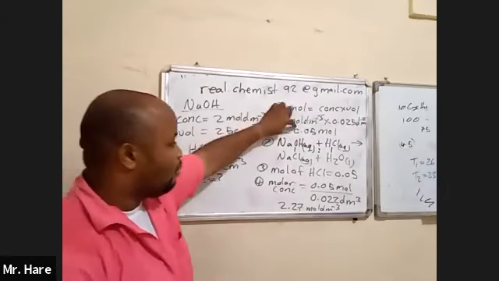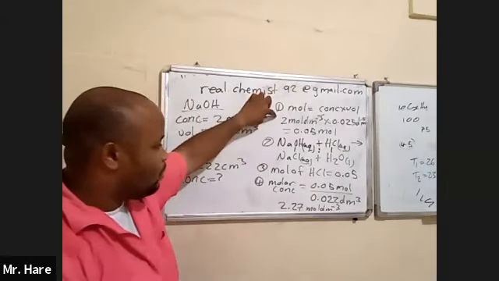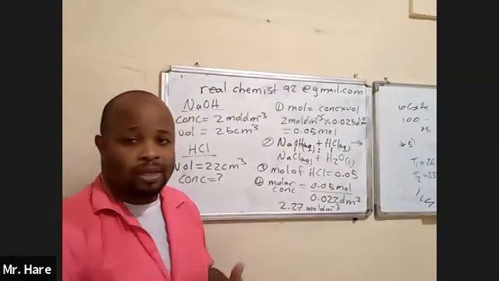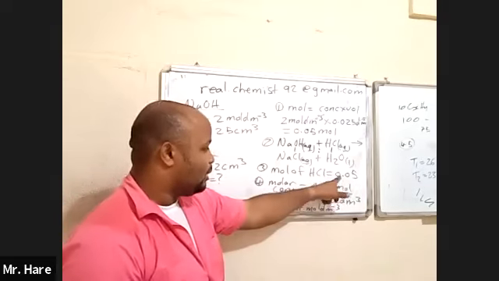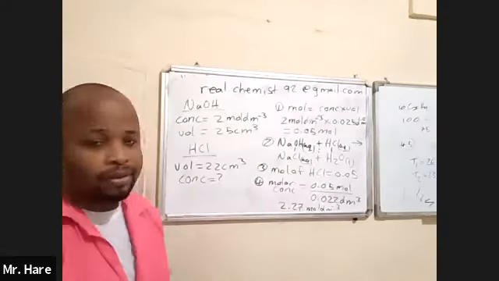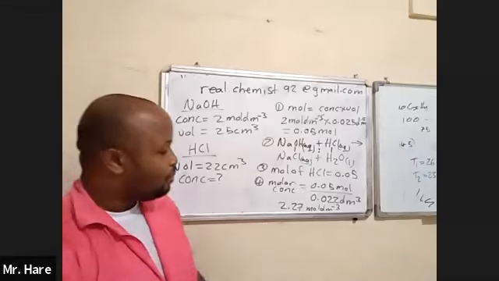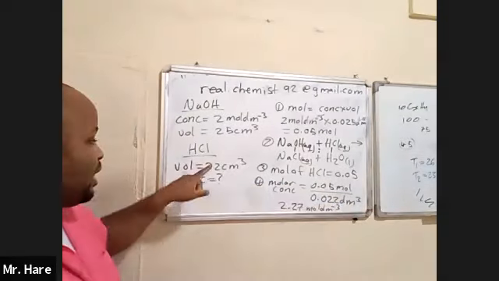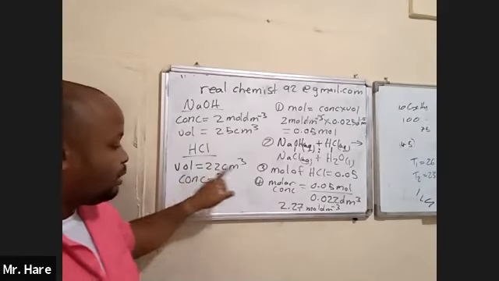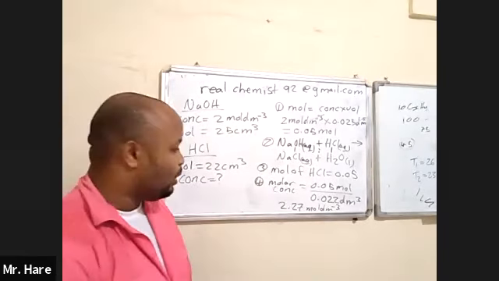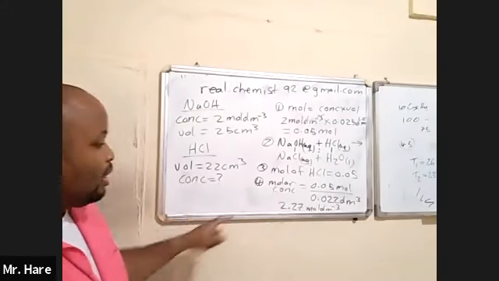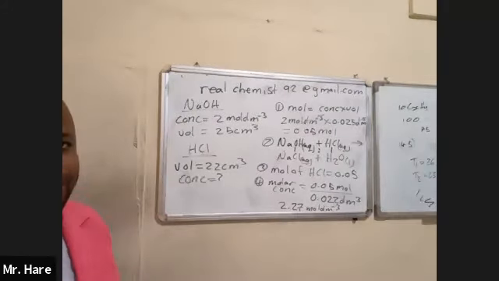And since we used 0.05 moles of sodium hydroxide, that is how we know that the mole of HCl that was present is also 0.05. And so, once you get the mole of HCl, we already have the volume. So molar concentration is simply the mole divided by the volume. And we get the molar concentration.